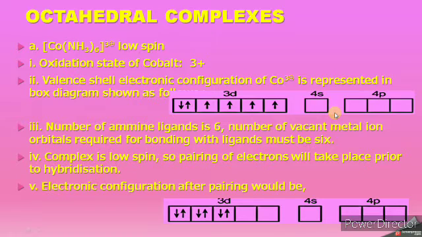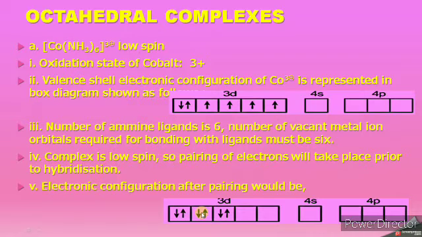So we want 2 more vacant orbitals, and for that purpose, as your complex is low spin, pairing of electrons will take place before hybridization. So these 2 electrons from the 3d orbitals undergo pairing with the other 2 electrons, and after pairing the electronic configuration would be like this.